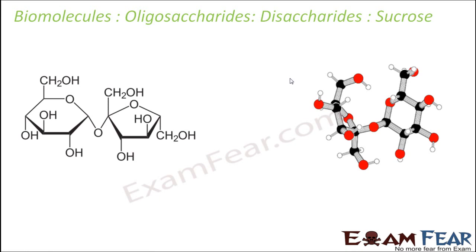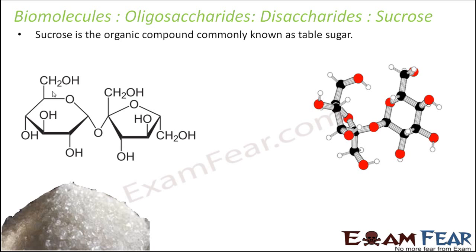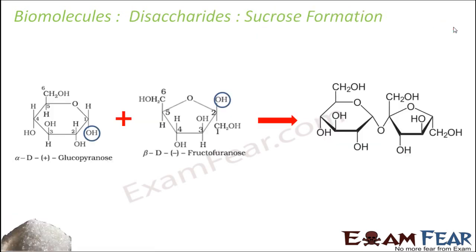Now let us talk about some of the disaccharides. First we'll talk about sucrose. Sucrose is an organic compound commonly known as table sugar, C12H22O11. How is sucrose formed? Everywhere it is the same concept, just that I'm providing a separate slide for each of them for better understanding.